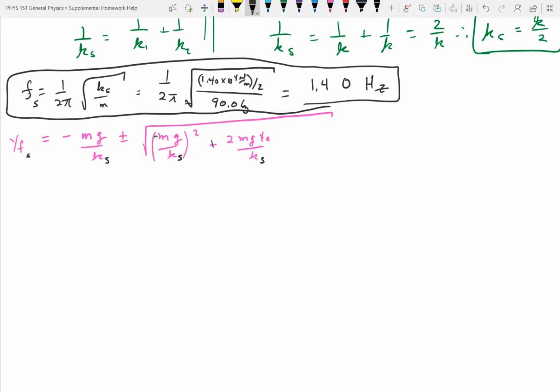Now for this one here, it's a little more complicated. Mine is, actually, you know what I did before to make my life easier? mg over ks equals.